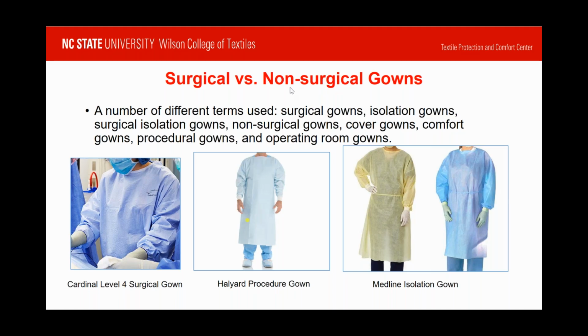But that's not necessarily where everyone in the operating room is located. And so there are other members of the operating room team who need to be protected, but not necessarily at the same level from liquid penetration, and therefore they can have a different level of protection, and those gowns can work equally well for them.